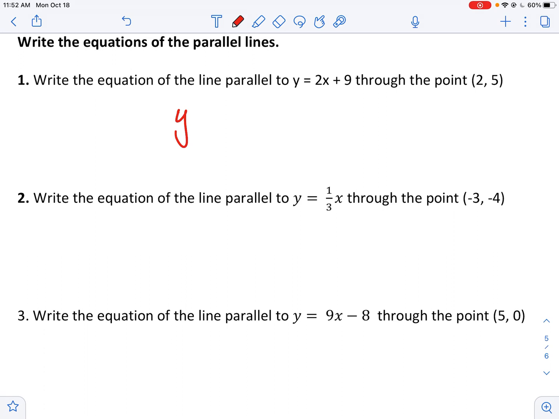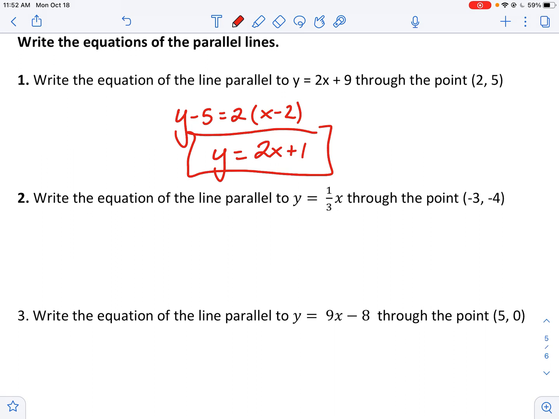This should be y minus 5 equals 2x minus 2. So y equals 2x plus 1 would be your final answer. And here you would have y minus negative 4, or y plus 4, equals 1/3 x plus 3.